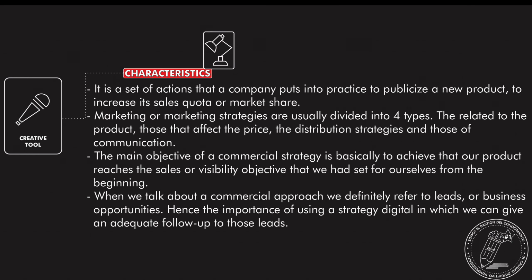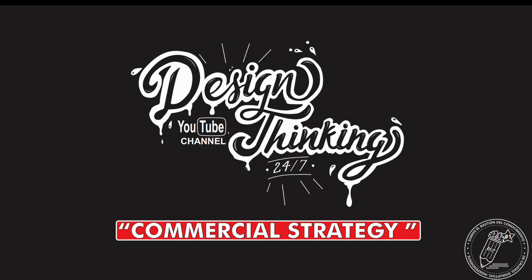When we talk about commercial approach, we definitely refer to leads or business opportunities. Many times we also talk about different components that we can promote and focus on something specific. So commercial strategy is extremely important for any kind of business.